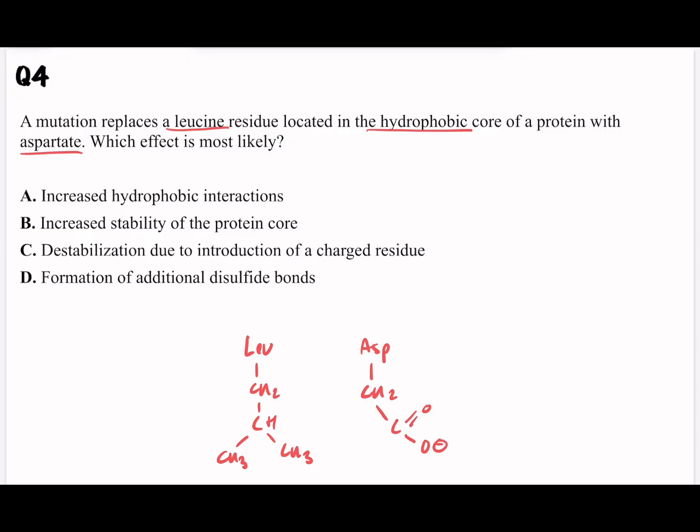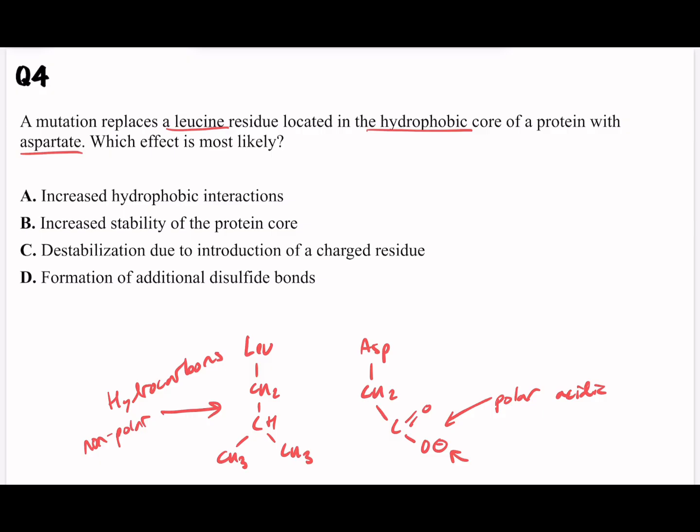Just looking at these two R groups, we're going from something completely hydrophobic, purely hydrocarbons, and completely nonpolar. And we're replacing it with something, arguably of similar size, but now it's polar. It's polar, it's acidic, and it even has a negative charge. So what would you expect to happen if aspartate replaced this leucine?